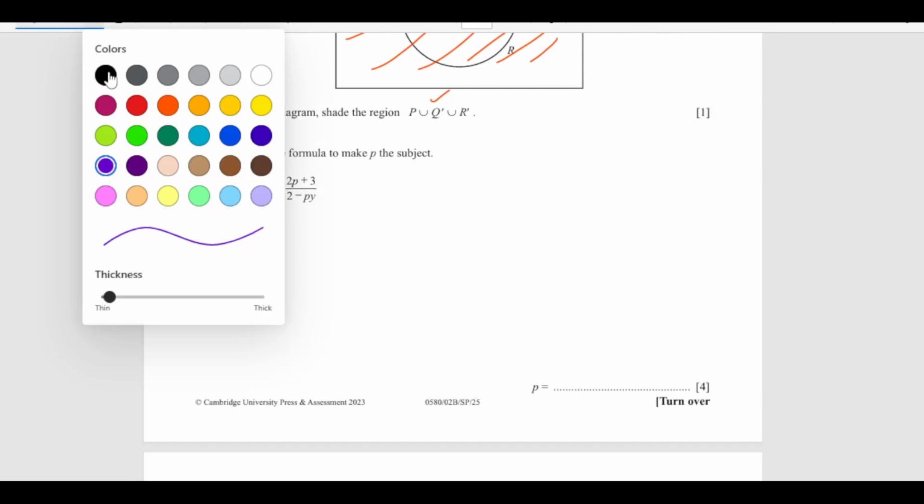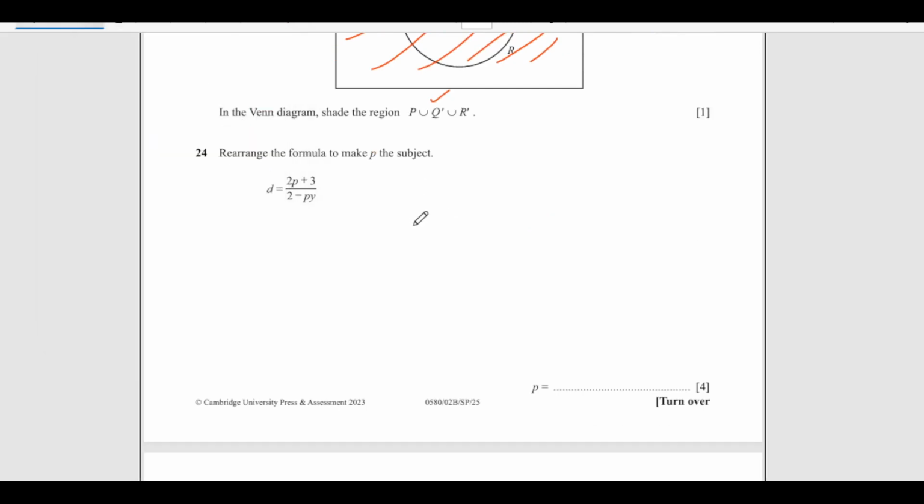Now the next one, rearrange the formula to make P the subject. So let's take D over 1, then you cross multiply. When you cross multiply here, this is 2D minus Pd equals 2P plus 3. So 2D minus 3 equals, I am shifting every term of P to the other side.